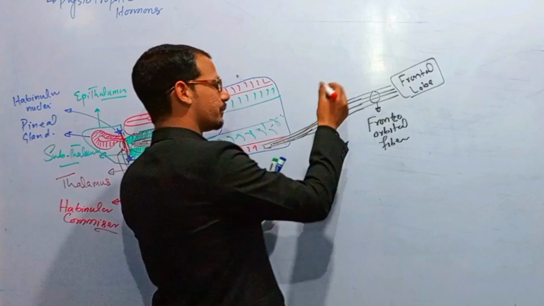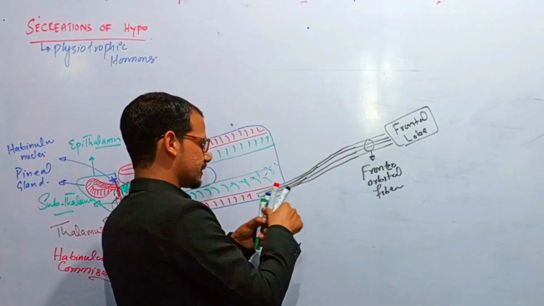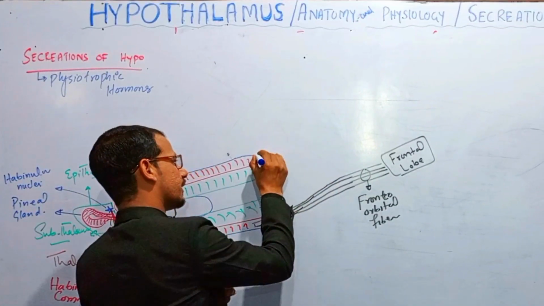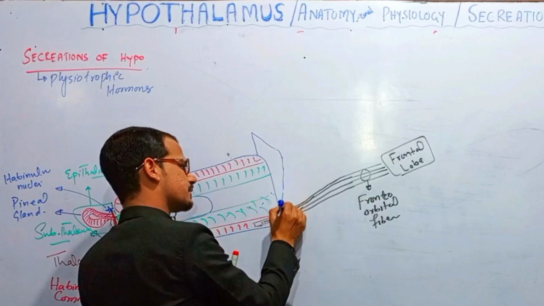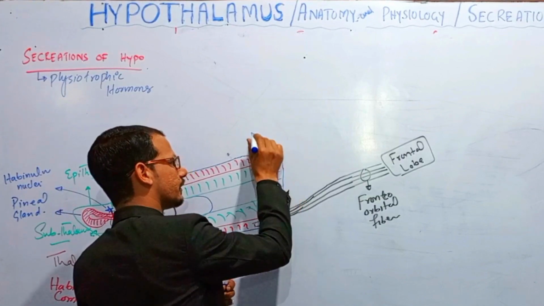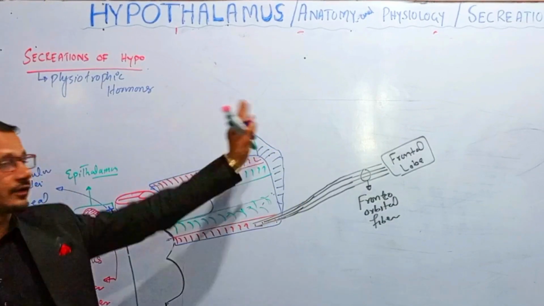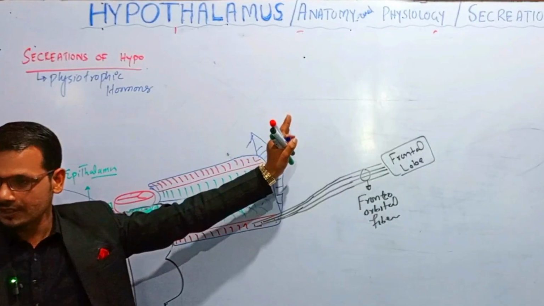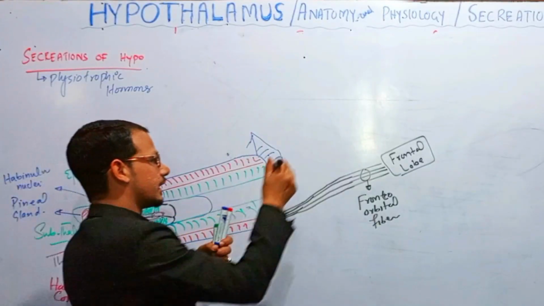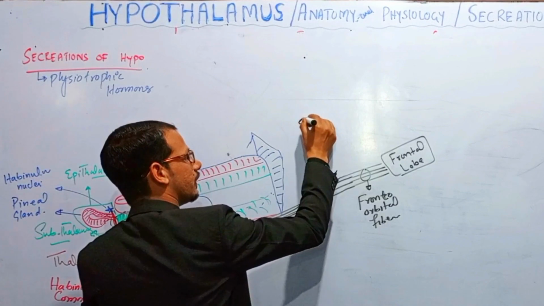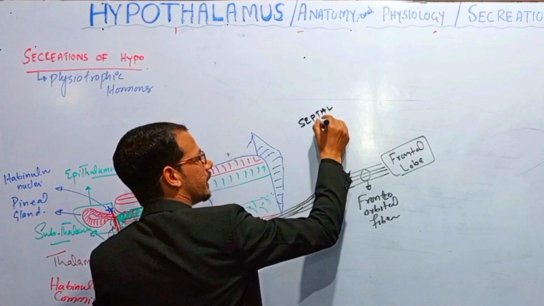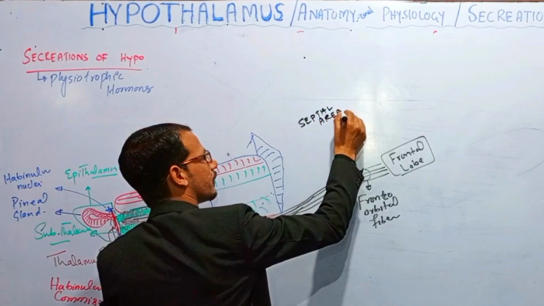And from septal area, so what is the septal area? Here the frontal wall of hypothalamus, this is the anterior wall of the hypothalamus. The area present here is the septal area of brain.